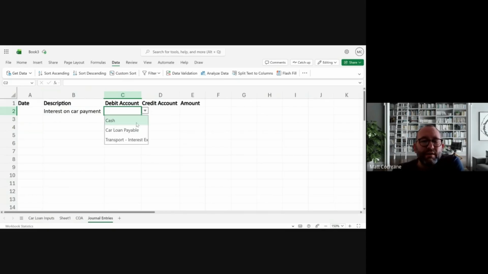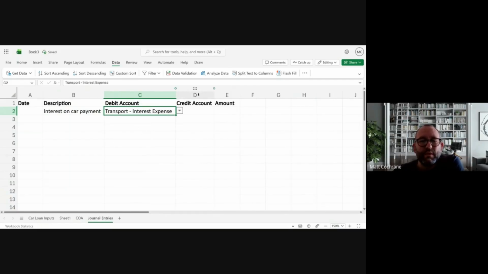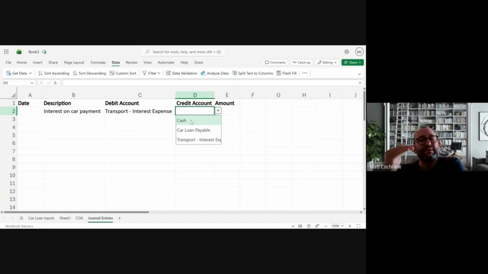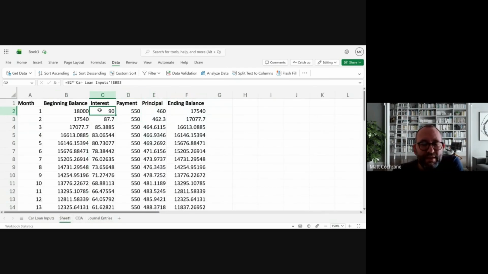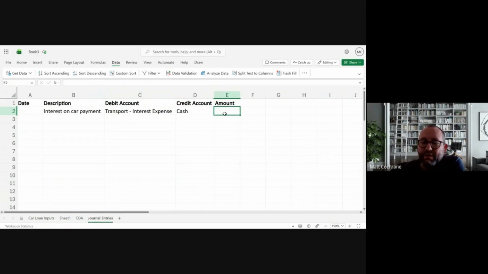Well, our transport interest expense is the first component. And the second component is cash, because a portion of our cash payment is going toward the interest expense. And how much is that? Well, we go back to this value here, which is 90, and that's the amount that we're including for that portion of this transaction.